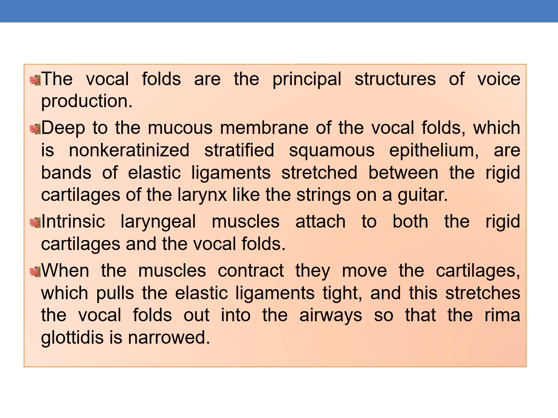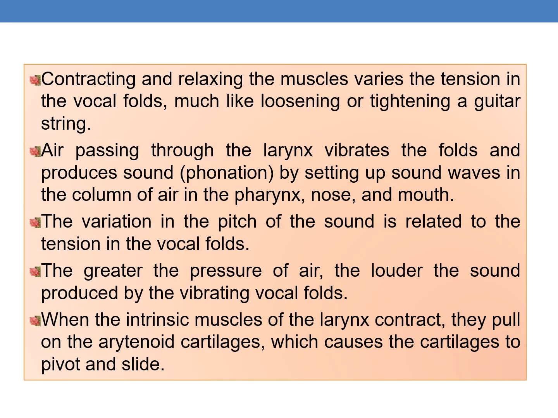When the muscles contract, they move the cartilages, which pulls the elastic ligaments tight, and this stretches the vocal folds out into the airway so that the rima glottidis is narrowed. Contracting and relaxing the muscles varies the tension in the vocal folds, much like loosening or tightening a guitar string.